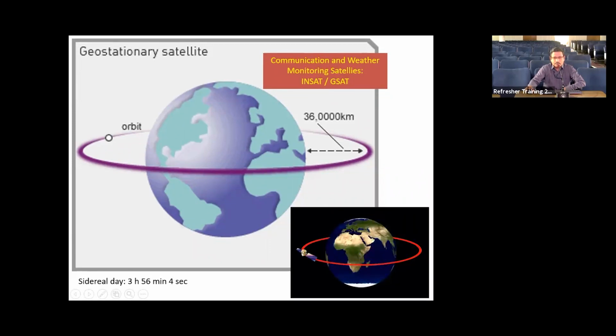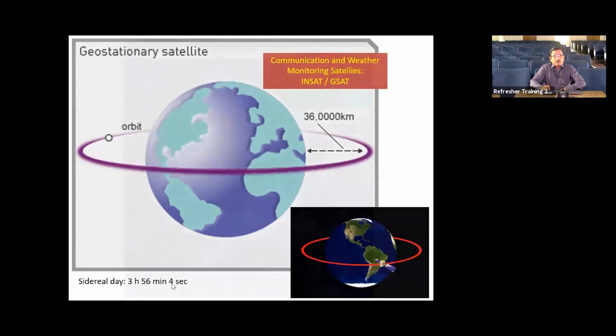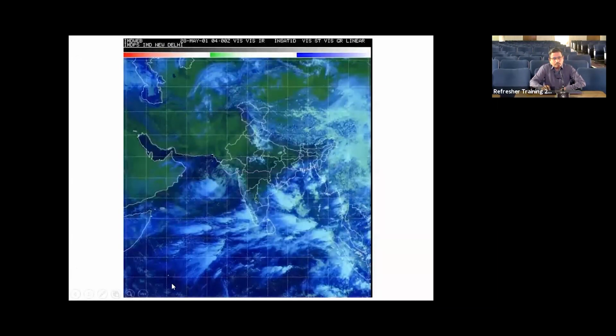That is very much essential for communication and weather monitoring. This is 23 hours, 56 minutes. We call it a sidereal day, that is 1 day. So these are the products of weather satellites like INSAT 1D, used to monitor the weather pattern, cloud pattern, etc. in a large area.